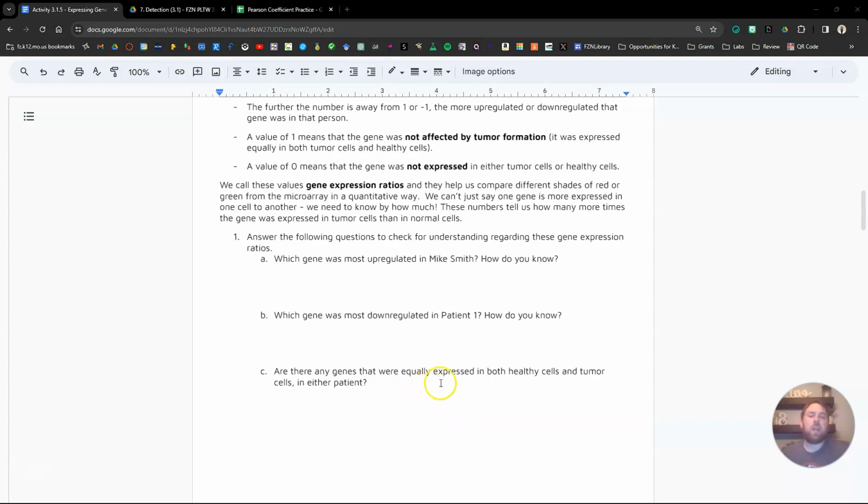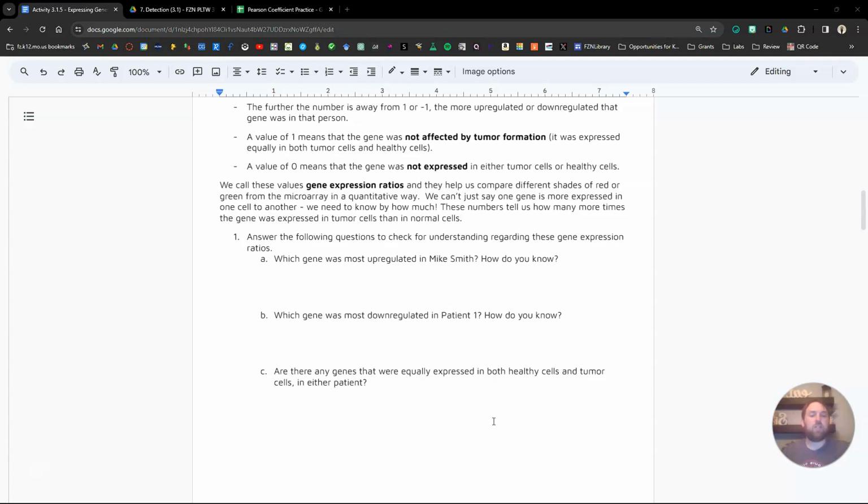And are there any genes that are equally expressed in both healthy cells and tumor cells in either patient? What this is really asking is, are there any genes that didn't turn on when they became tumorous? Or are there any genes that didn't turn off when they became tumorous?